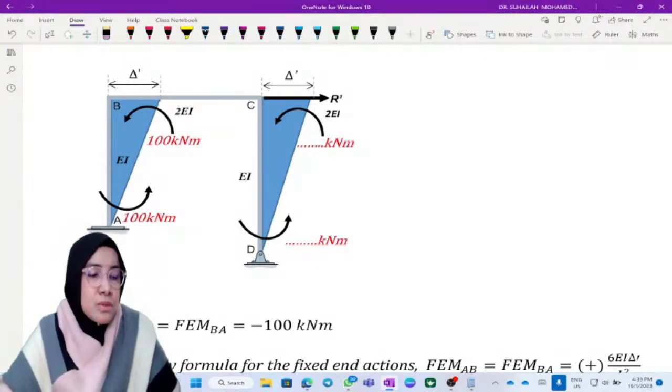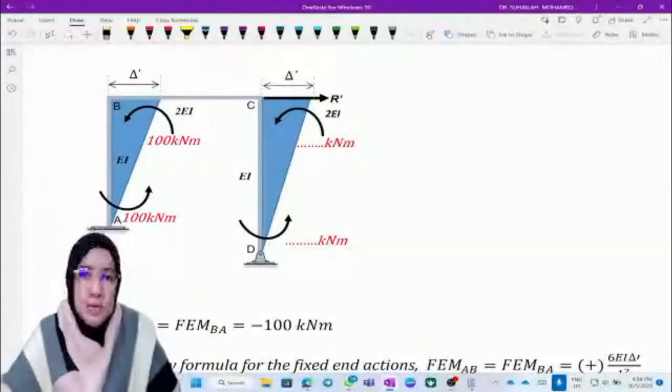Looking at this frame, there are two columns, column AB and column CD. Member BC is a horizontal member, and the delta for member BC is equal to 0. That is why we only analyze column AB and column CD. We always analyze the delta which is parallel with the member.